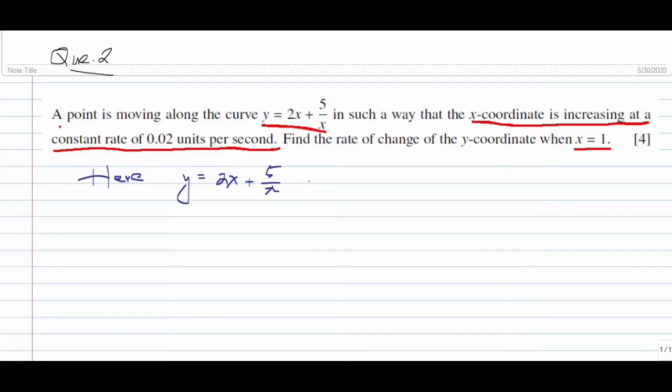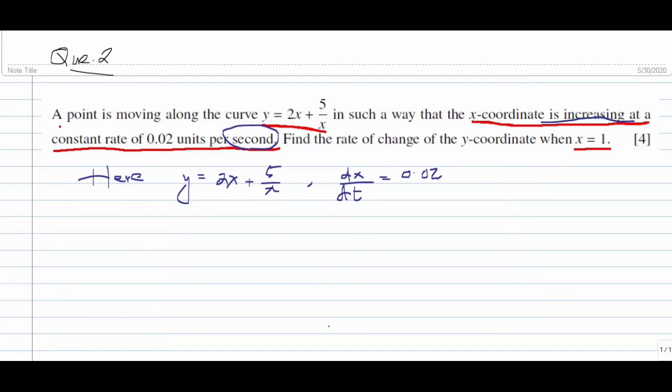So here the equation of the curve is y is equal to 2x plus 5 by x, and there is a change of x coordinate with respect to time. So what is the change? 0.02, which can be written as dx by dt is equal to 0.02.